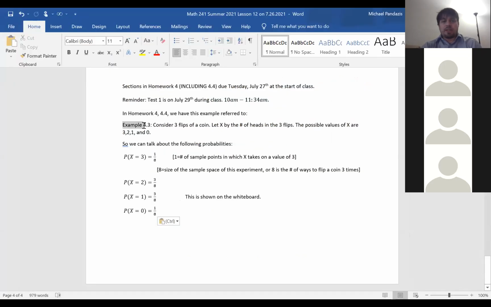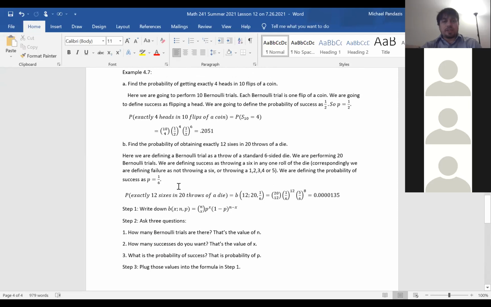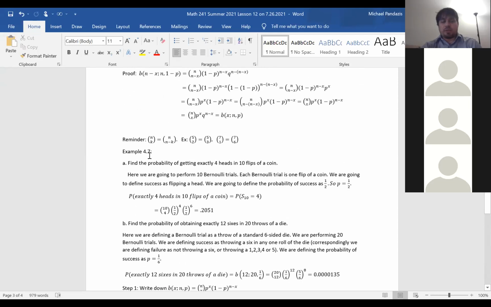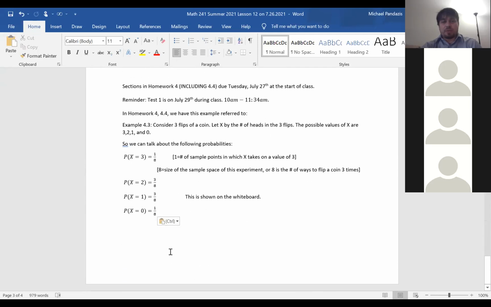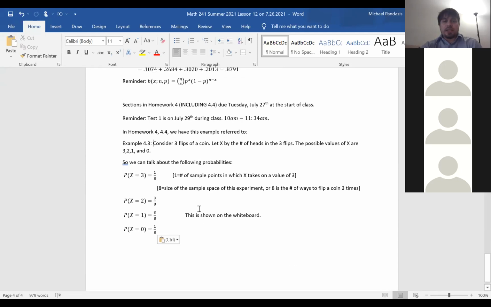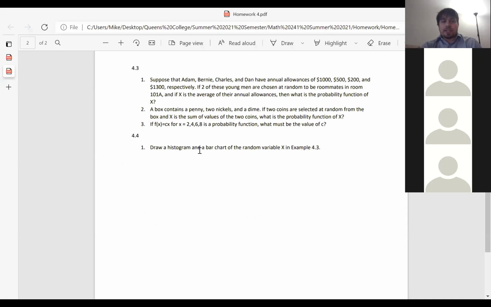So example and the number, everything is in order. Even though it's weird, it's going in order. Example 4.7 is after example 4.3, right? So you would go back in time to 4.3. All the notes are online on Blackboard, and you can find example 4.3. But I put it down here for you, okay? So this is the example it's referring to, and it wants a histogram and bar chart of that random variable.